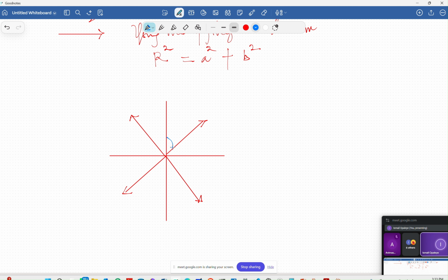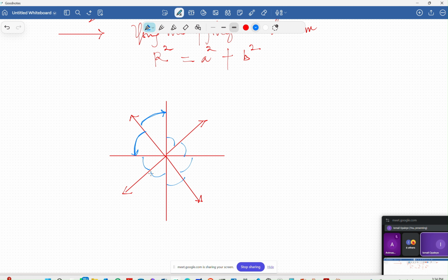So you need to know what this place is. What do we call this one? So this one is closing up towards this side. This one is closing down towards this side.